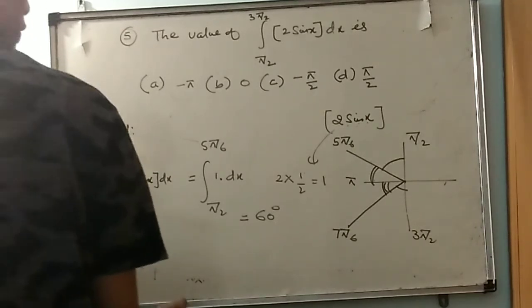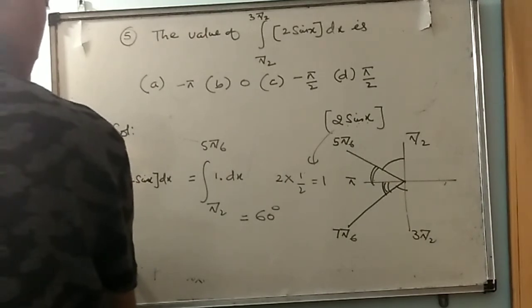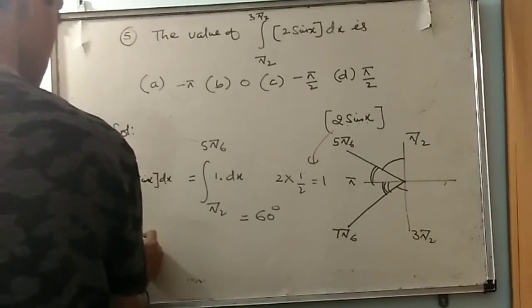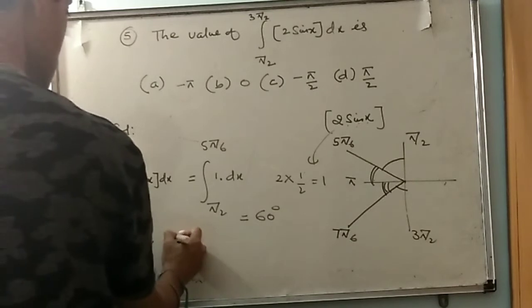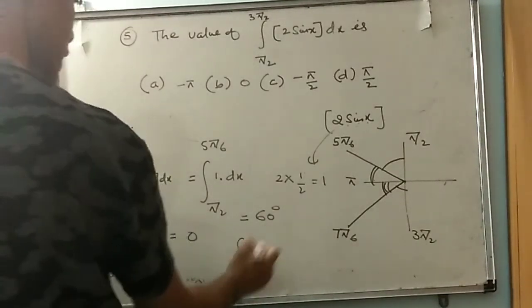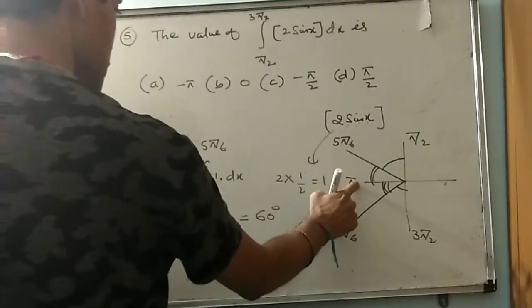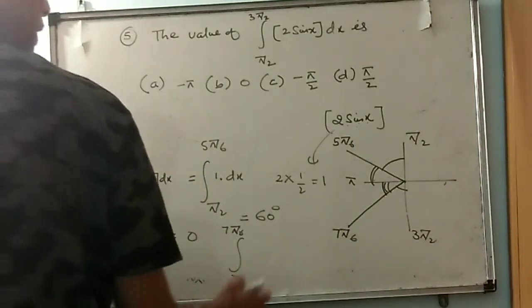And next slot, that is 5 pi by 6 to pi. In this particular slot, one is going to give us 0, another one is going to give us 1. So it will be 0 into dx. So that is automatically 0. Forget about this. Next one is pi to 7 pi by 6. One is going to give us 0, another one is going to give us minus half.